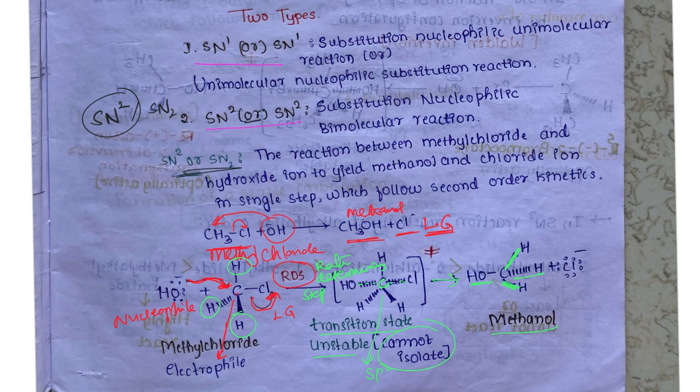I just want to say it is inverted, but not an inversion of configuration like R to S. This is called an umbrella type structure. This is backside attack. Keep in mind that the groups on the left side are shifted to the right side.